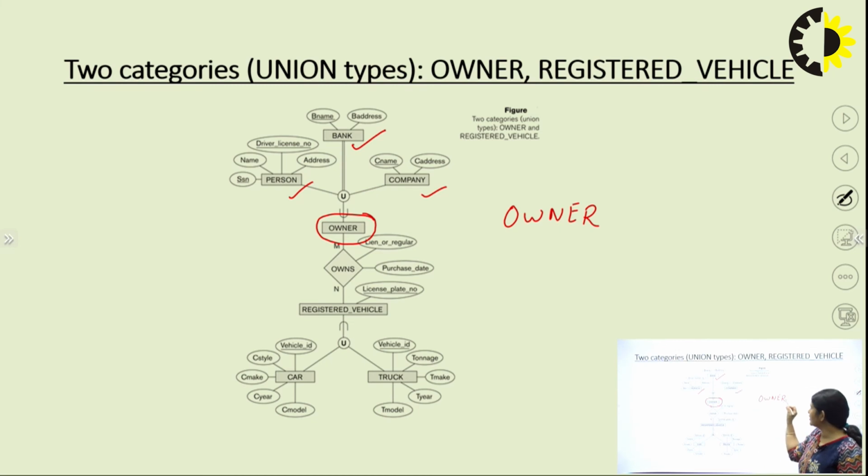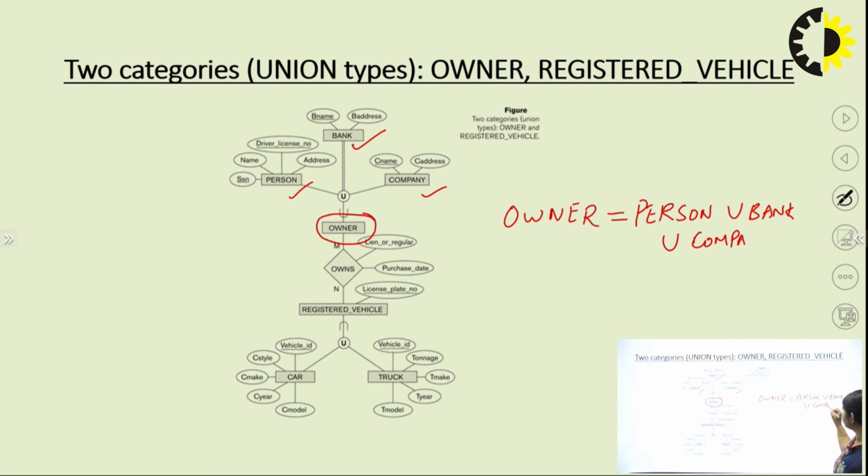So owner is a subclass, but it is a union of person, bank, company. That means this owner would belong to either of these. Whereas in multiple inheritance, the subclass member would be the member of all the superclasses.